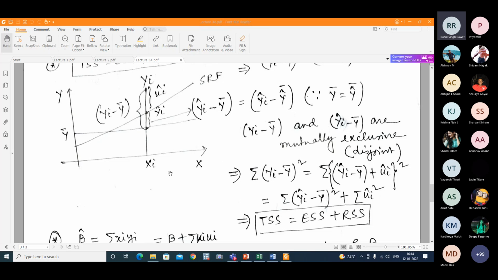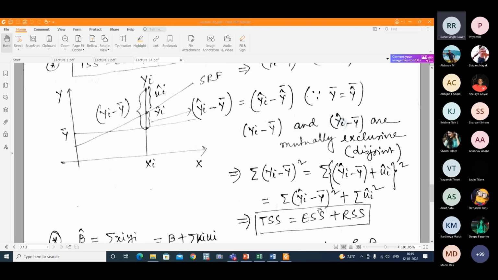That's why I was telling, and I think Abhinav was also talking about that, the higher the R square value. Why do we say the higher the R square value, the better the model? How do I get R square? Basically this proportion, ESS divided by TSS.